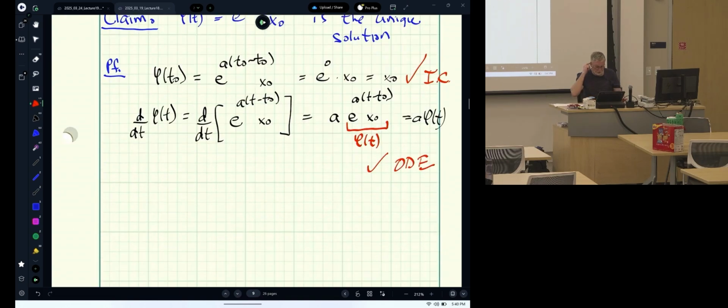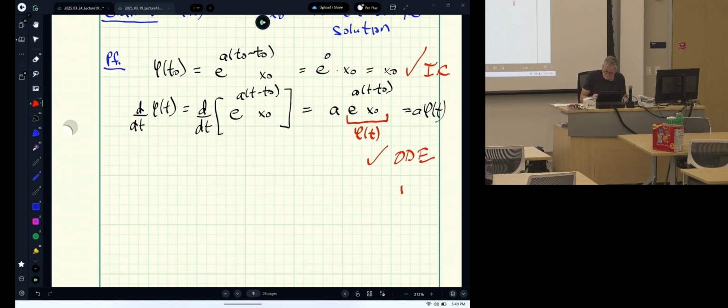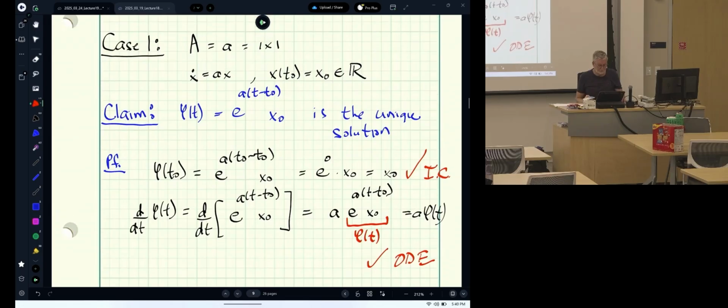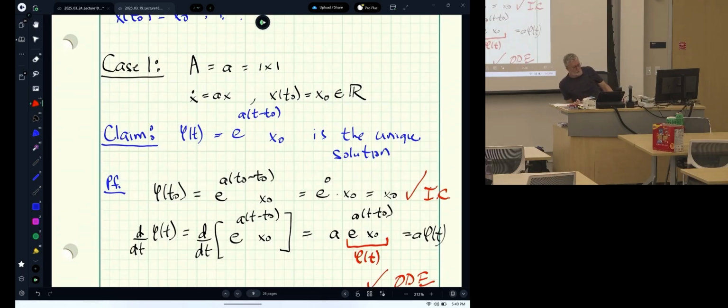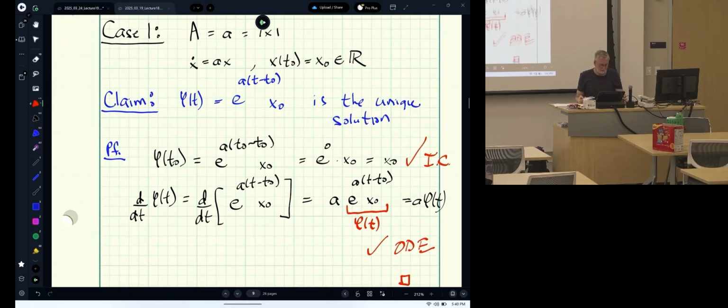And it satisfies the initial condition. Okay, so for scalar, it's just the exponential.